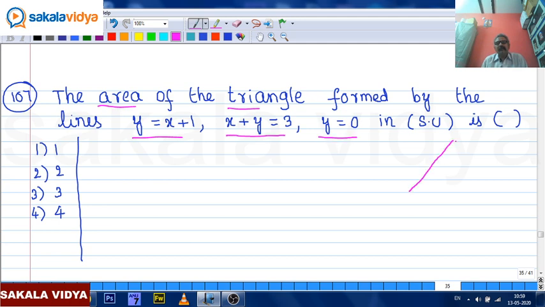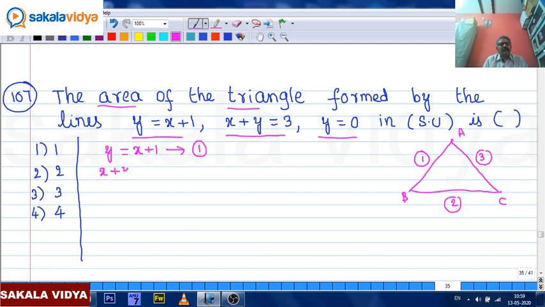So, that means this is the triangle, say ABC. Say this is equation 1, this is equation 2, equation 3. So, y equals x plus 1, equation 1; x plus y equals 3, equation 2; y equals 0, equation 3.